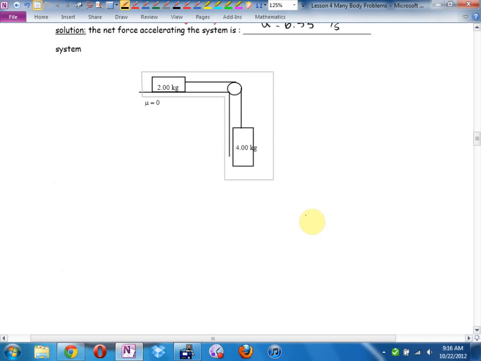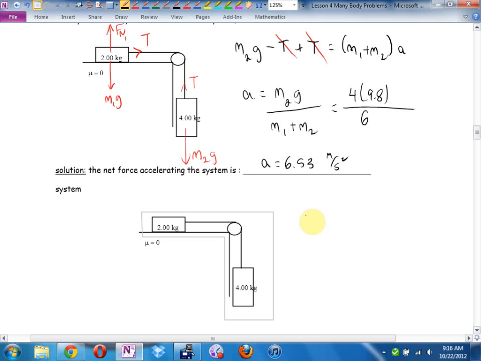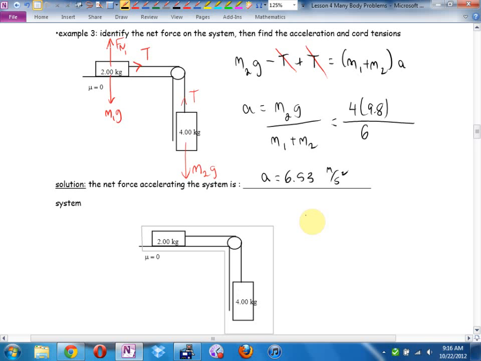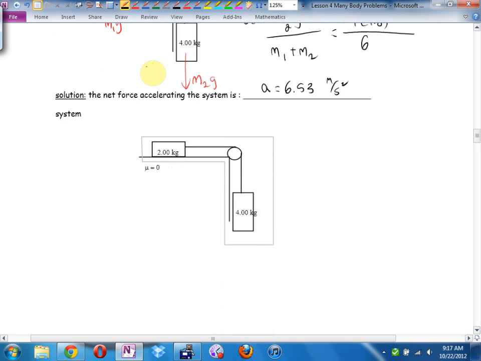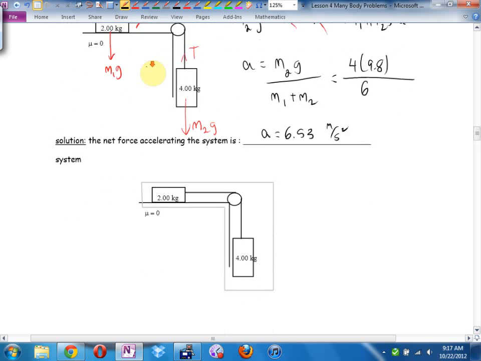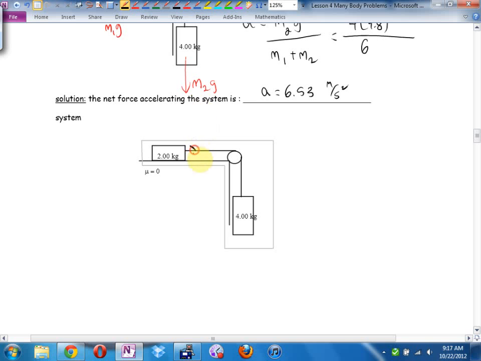Let's find tension. Which is going to be an easier mass to find tension in, mass 1 or mass 2? In this case it doesn't matter, but mass 1, the first mass, is going to be easier because it's only got one horizontal force acting on it. Looking at mass 1, who's winning?